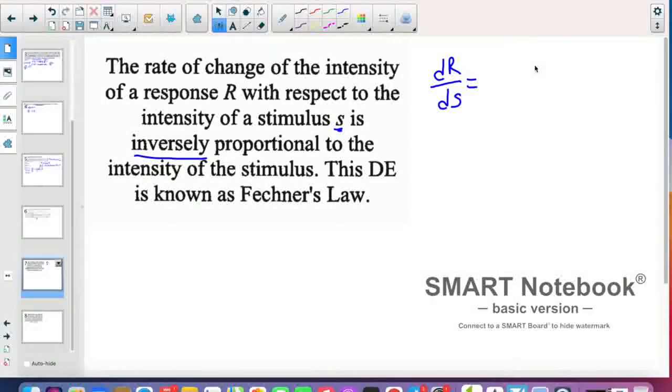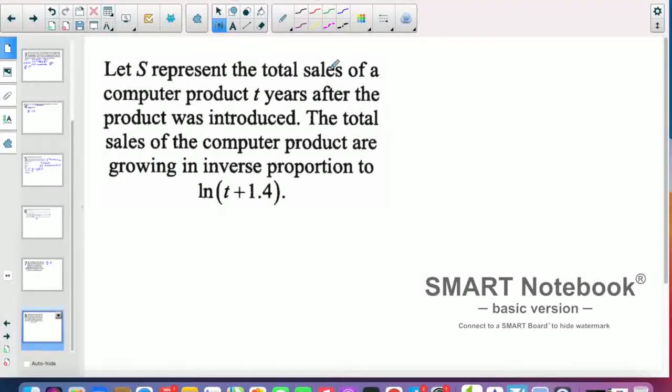So the rate of change of the intensity is inversely proportional to the intensity of the stimulus. If it's inversely proportional, that would be k over something, so that would be k over S, where S was the stimulus. So we've written that differential equation. Here, let S represent the total sales of a computer product, t years after the product was introduced.